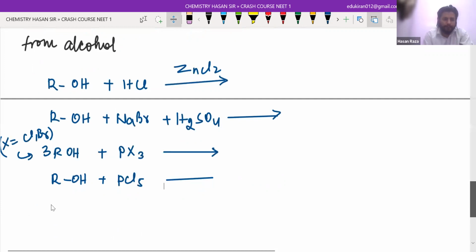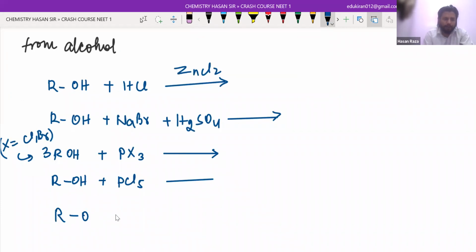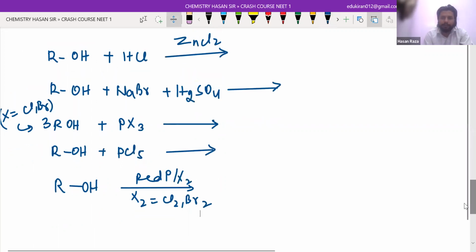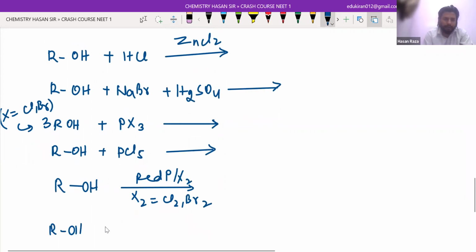Then comes ROH, which you treat with red phosphorus in the presence of X2, and here X2 again is Cl2 and Br2. And the last, not the least one, which is very important, is ROH plus SOCl2, which equals R.